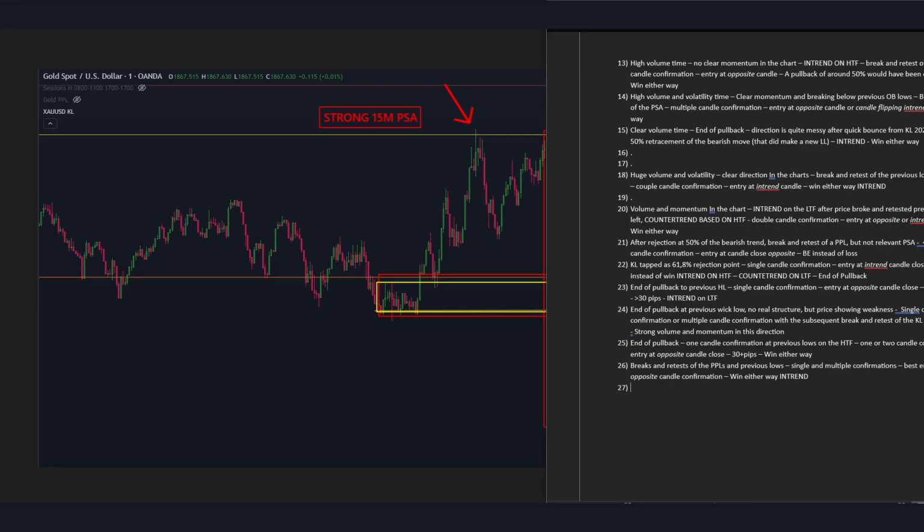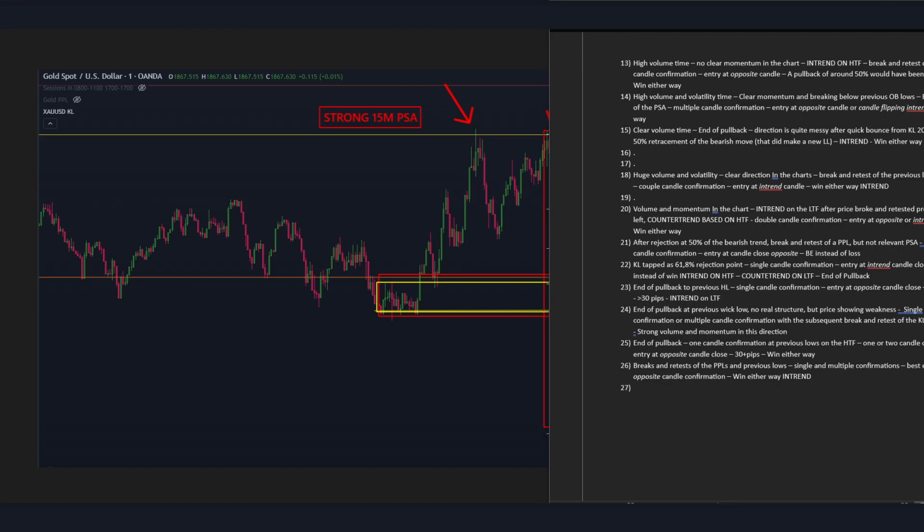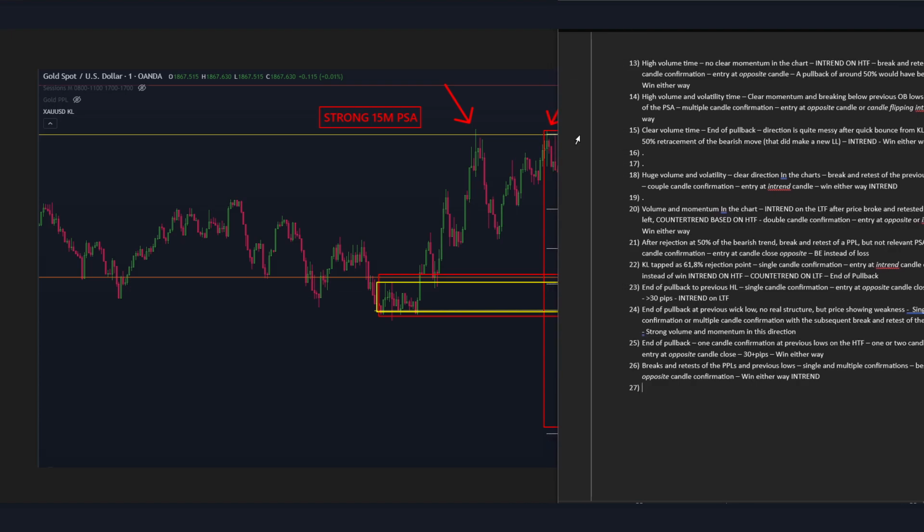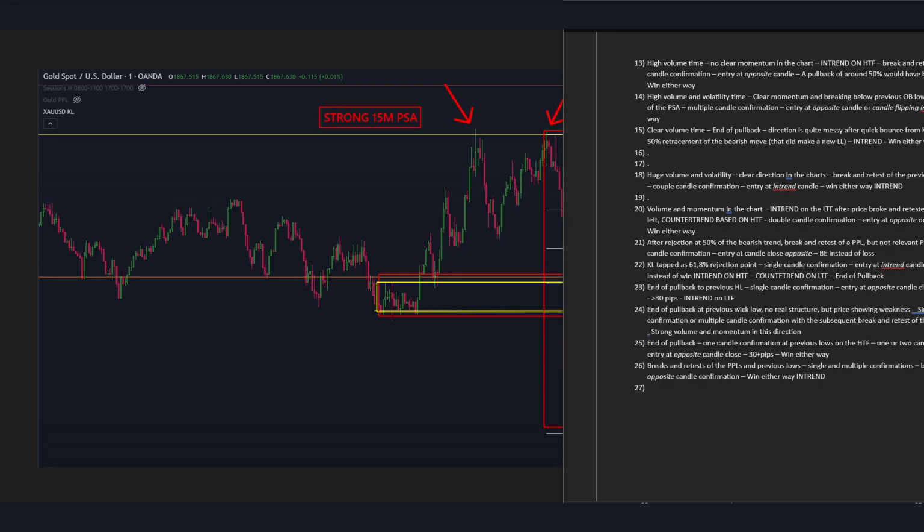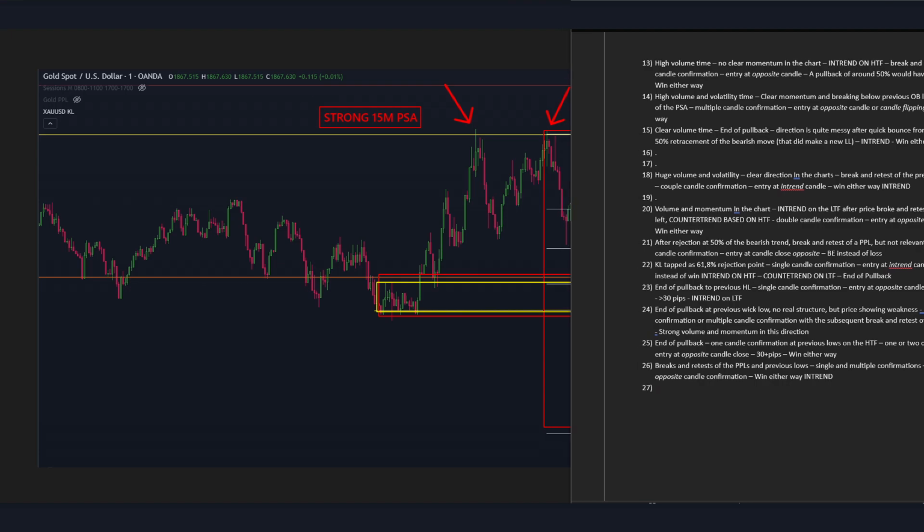But we already identified this is a strong 15-minute PSA, and we see that price is now rejecting it and failing to break above. So we see bearish movement. So far, we are still in a bullish bias because price didn't break below here yet.